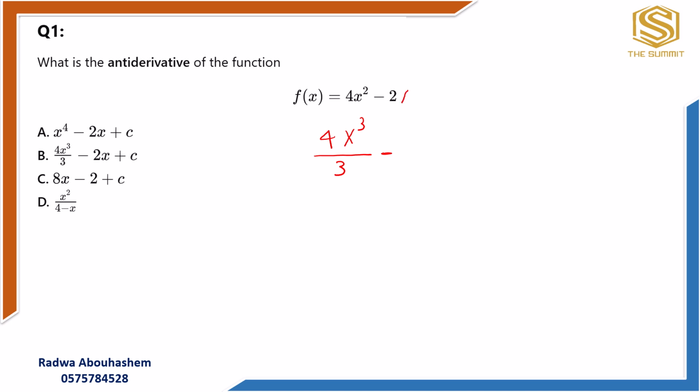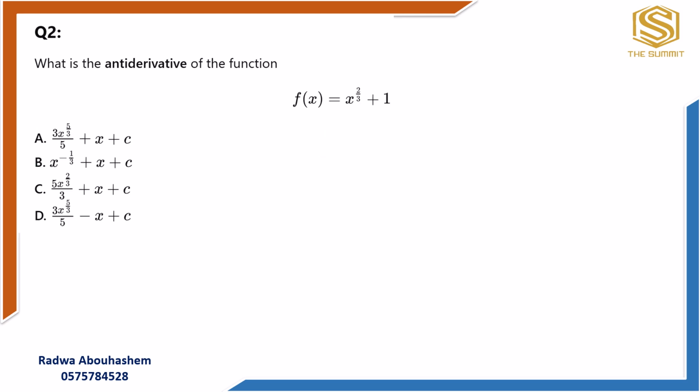So it was x power 0. So if I'm applying the rule, it would be 0 plus 1, so 2x. So just a rule for you: for any number, the integration for it is just to put x beside it. So if I'm having a 3, it would be 3x if I integrate it, okay? So then I add c. Where is the matching answer here? It is b.